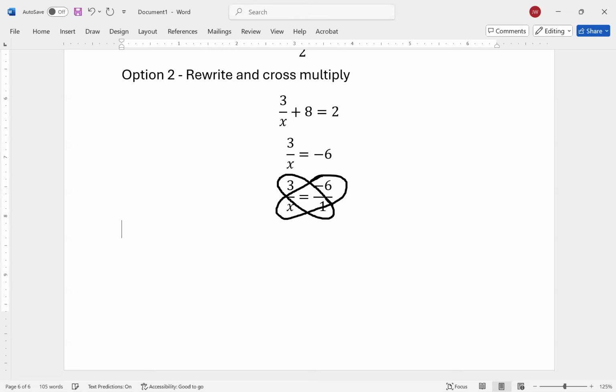So in this case, I would get 3 is equal to negative 6x, and then I divide by negative 6, just like we did before. We would get 3 divided by negative 6, which is negative 1/2, as the x. So again, cross multiplication only works when I have single fraction equals single fraction.